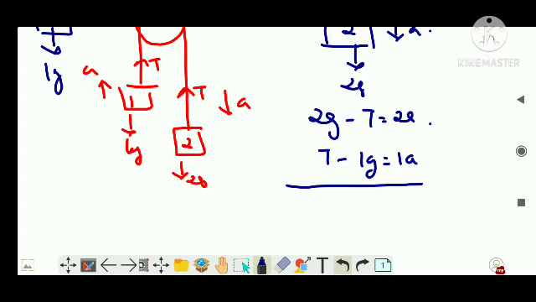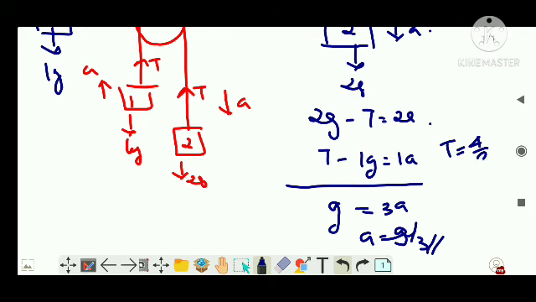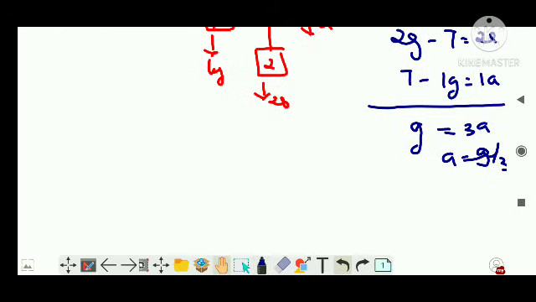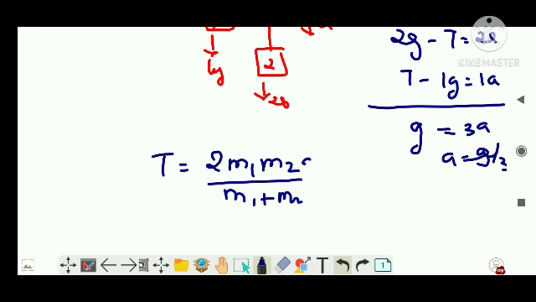You can add these, so it becomes g is equal to 3a, or I can write a is equal to g by 3. And you can substitute in any of the equations here, and you will get T is equal to 4 by 3 g, right? Or there is a trick I have told you, the basic trick equation present in your SM: 2 m1 m2 divided by m1 plus m2, this into g.